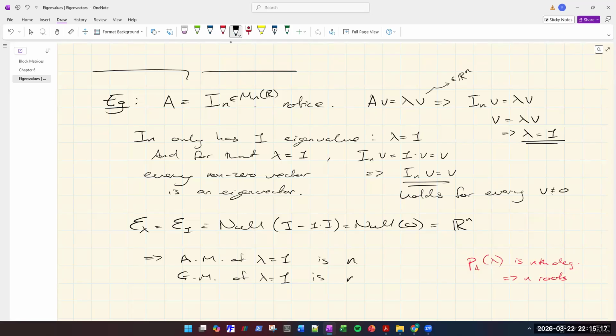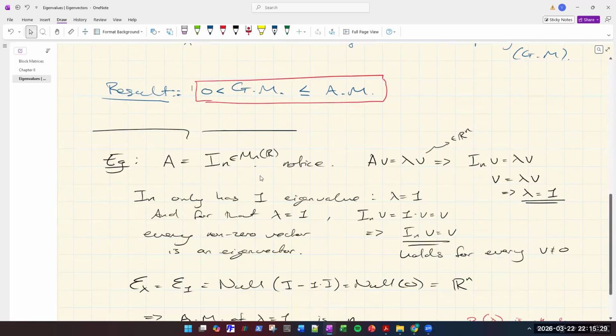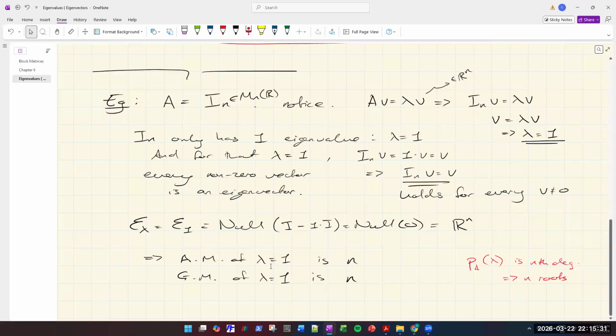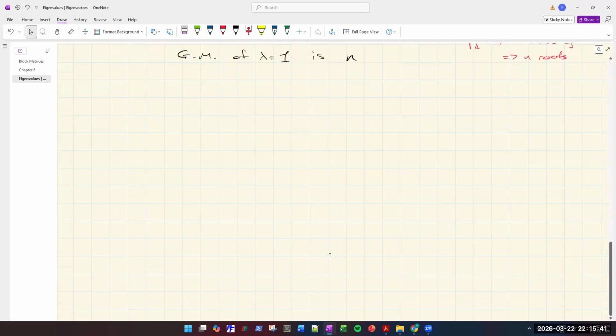The geometric multiplicity is n too, because it needs to satisfy this property. That root is repeated n times. Okay, so that's a simple example. That doesn't require much calculation. Let's do one that has a calculation in it.